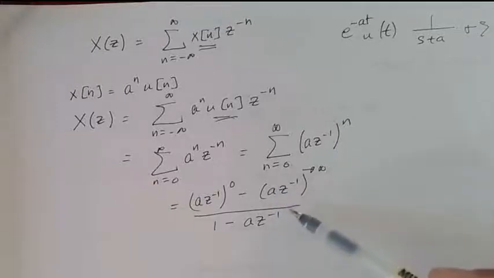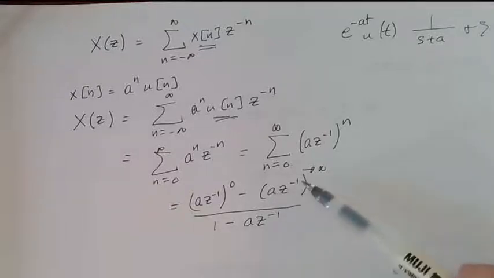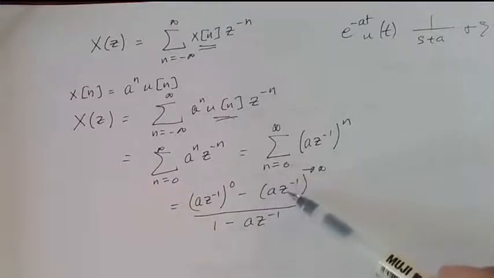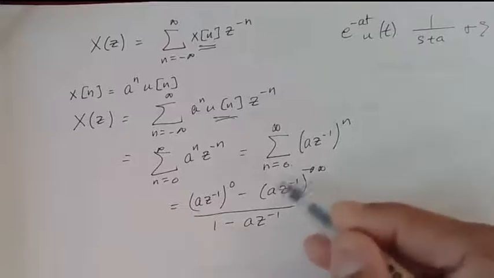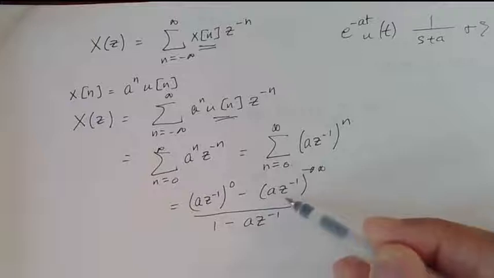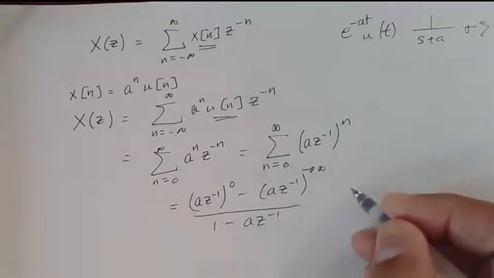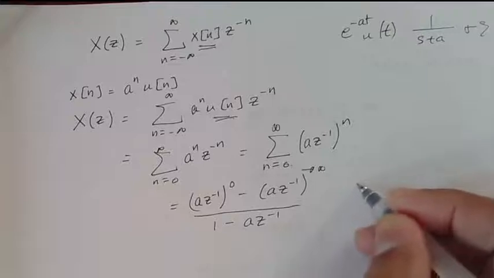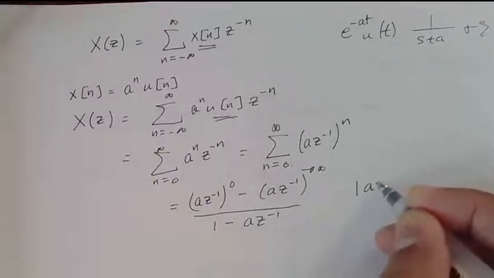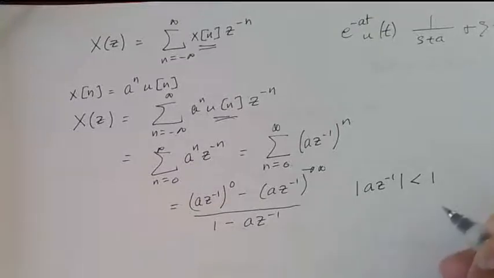The region of convergence are those values of z for which this quantity will go to 0. So this quantity will go to 0 as long as the magnitude of a z to the minus 1 is less than 1.